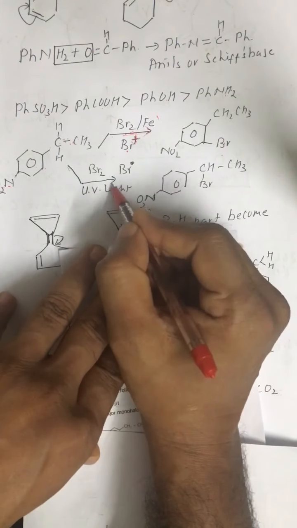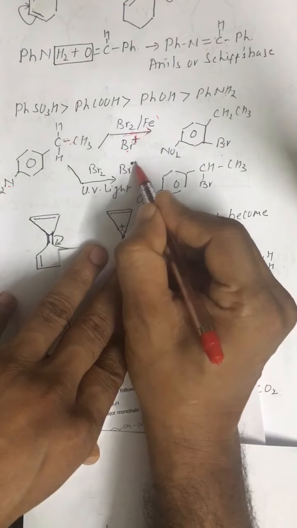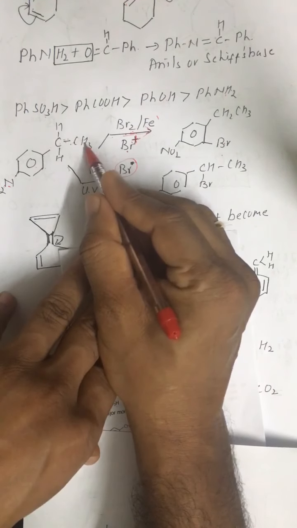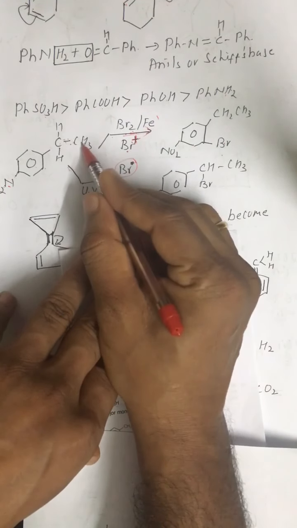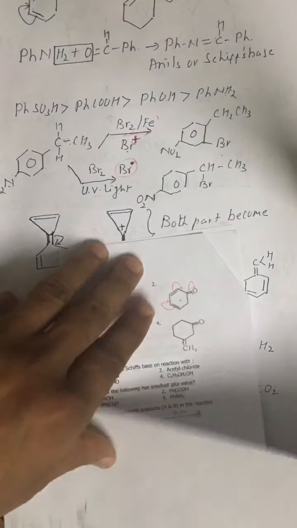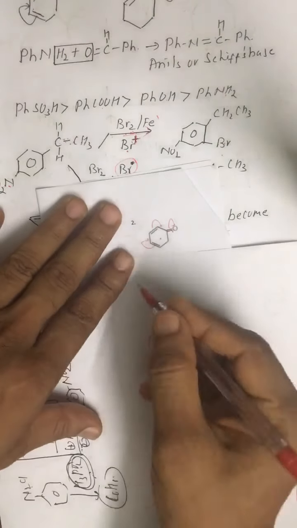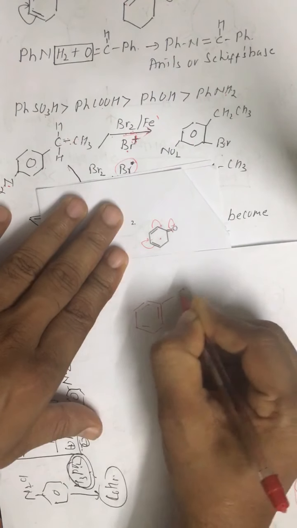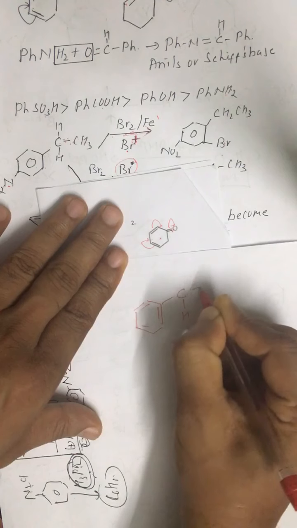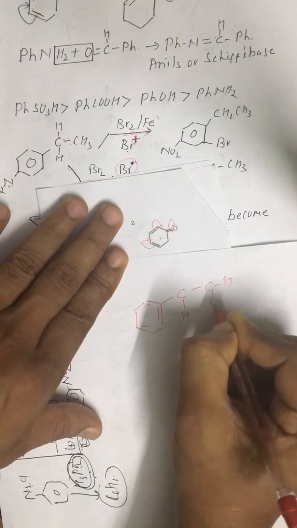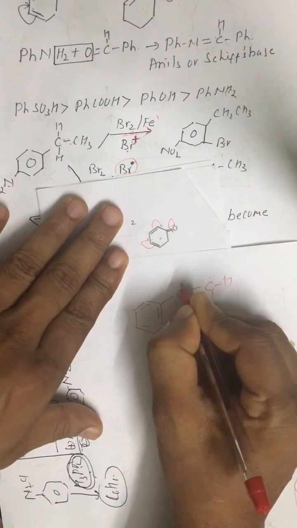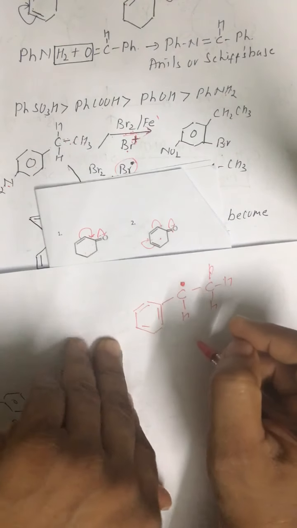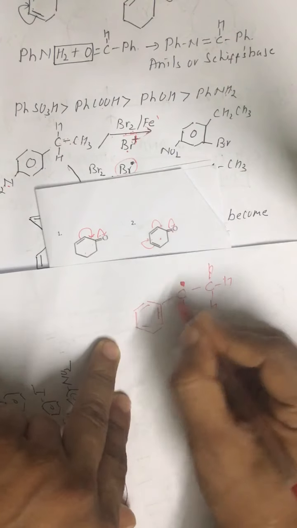Second case, in the presence of UV light, Br free radical is produced. Free radical reaction is of alkanes. Alkanes show free radical substitution. We have these two carbon atoms, so there is a possibility of substitution here or here, but if you look at this free radical which is produced during the mechanism, this is in conjugation.